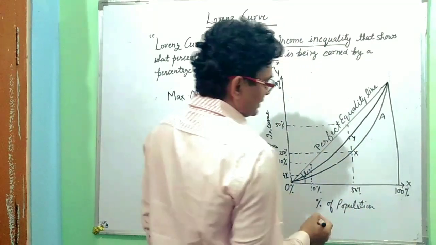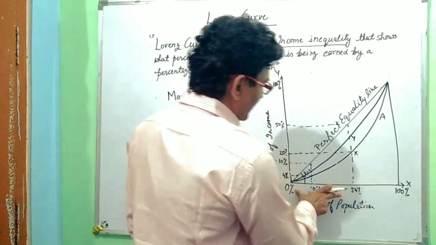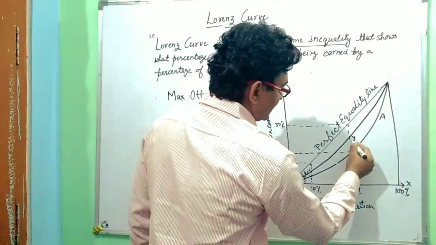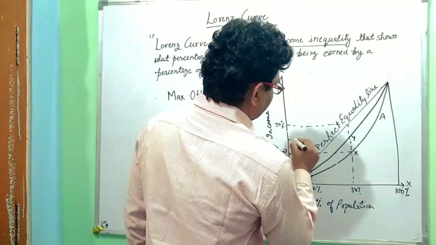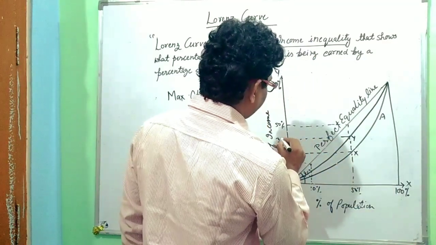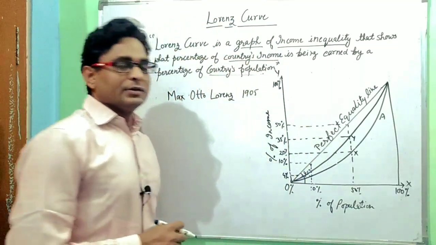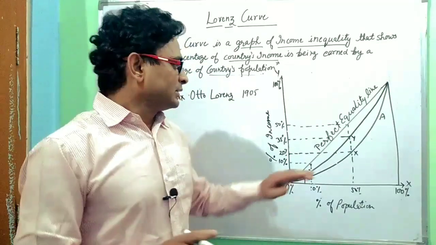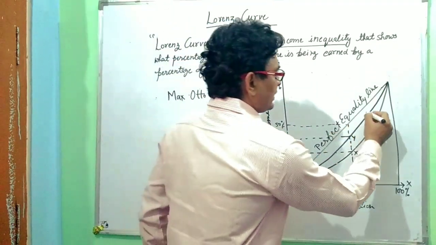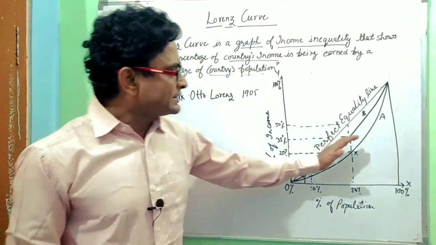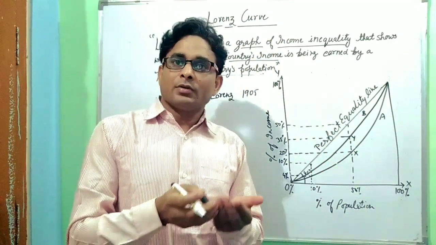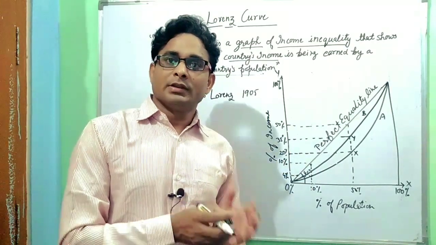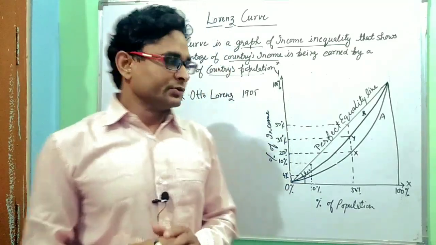So here we see that in country A, 50% of the population has 20% share in the national income, but in country B, 50% of the population has 35% share in the national income, which means there is more equality and more even distribution of the income in country B compared to country A. As this Lorenz curve moves closer and closer to the perfect equality line, there will be more even distribution of the income and more equality in the country in terms of income distribution.